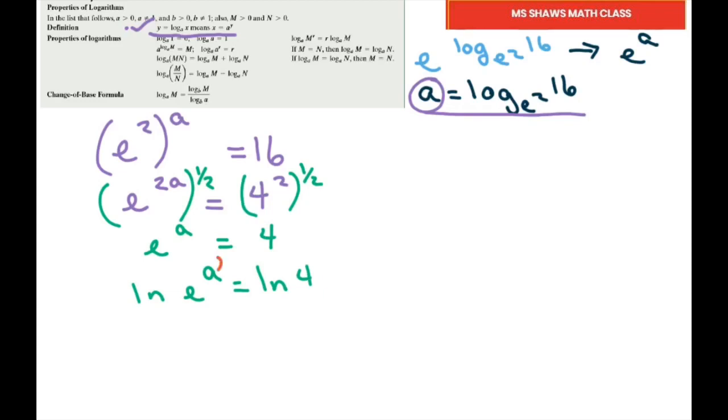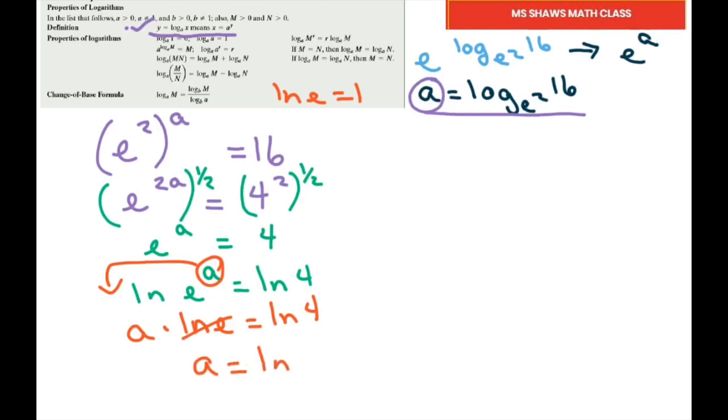Use your power property, or you can just use the formula, but I do it this way. a times ln of e equals ln of 4. ln of e is just 1. So we have a equals ln of 4, the natural log of 4.